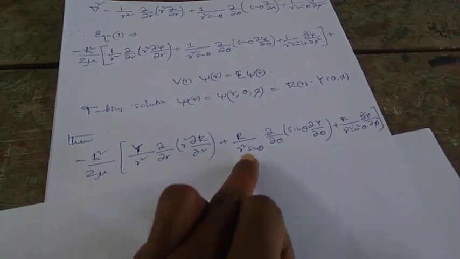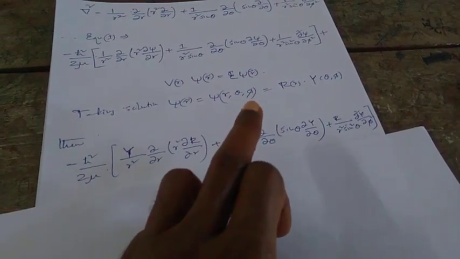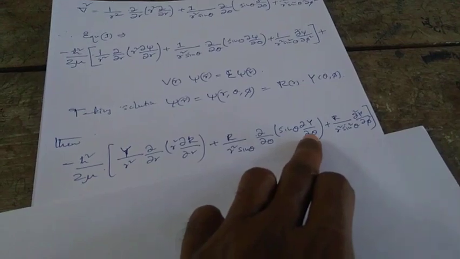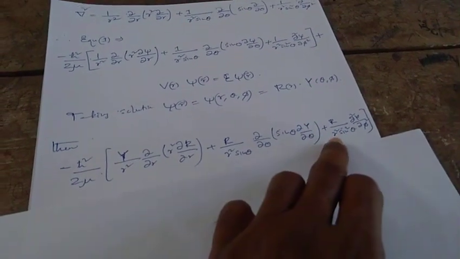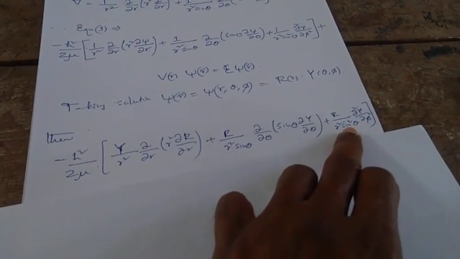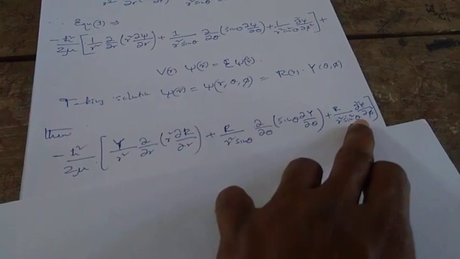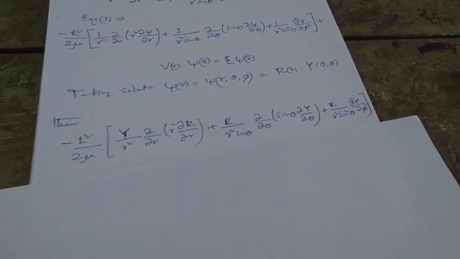In the second term, R remains as a constant because the differentiation is with respect to theta, so it operates only upon Y. In the third term, similar logic: R comes in front as a constant, but ∂ square by ∂phi square operates upon Y.